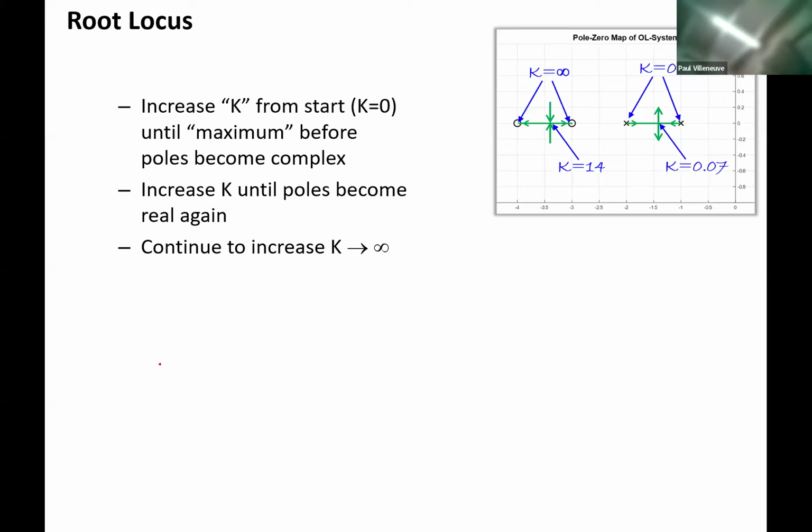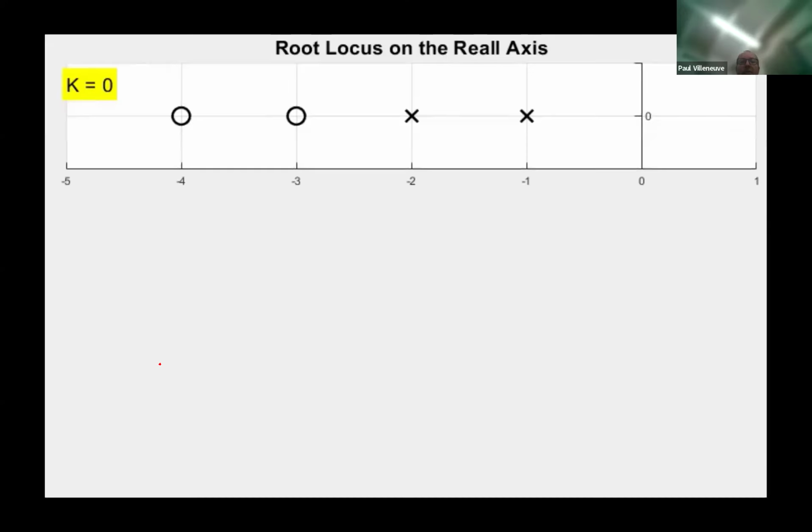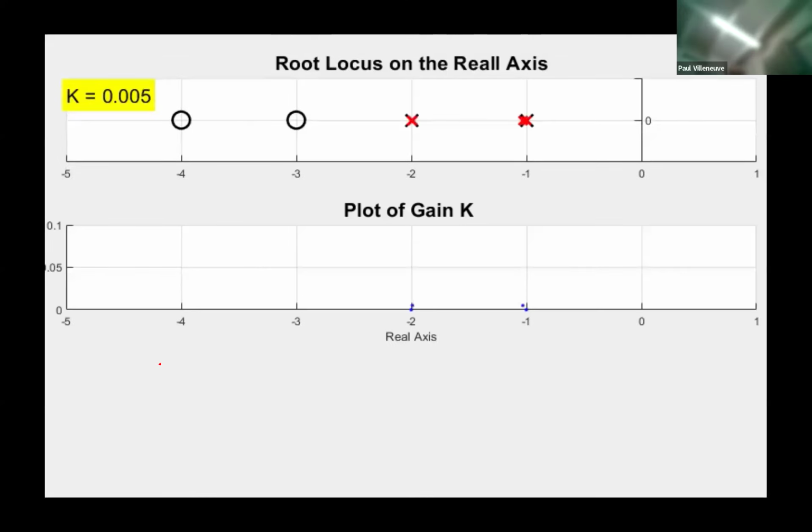So what do you know? You allow k to start at 0, and then you approach k equals infinity, and then you see what the points are. So let's take a look. Here's a plot of what k is actually doing.